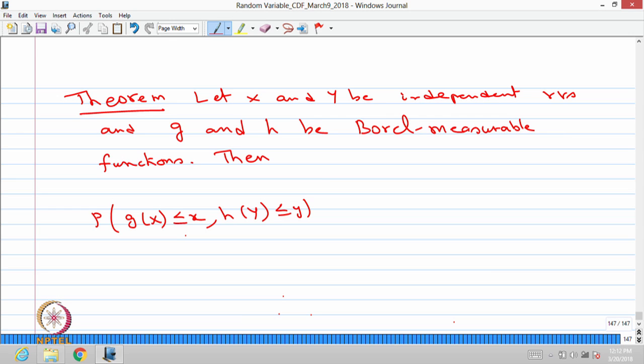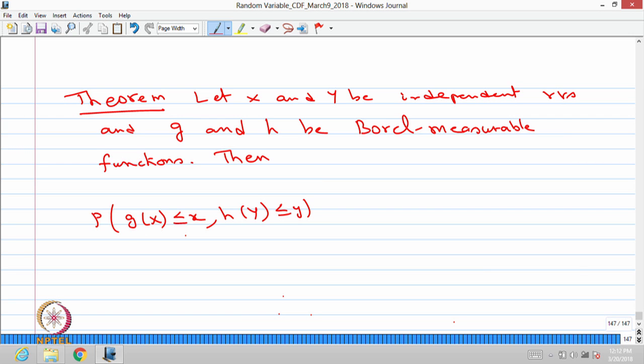Since X is a random variable and g is a Borel measurable function, g of X is a random variable. So, you can think of g of X as some other random variable. Similarly, Y is a random variable, h is a Borel measurable function, therefore h of Y is also a random variable. That means you can treat g of X as a third random variable other than X and Y, and h of Y as a fourth random variable.